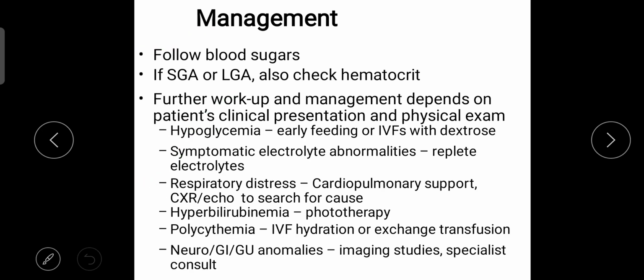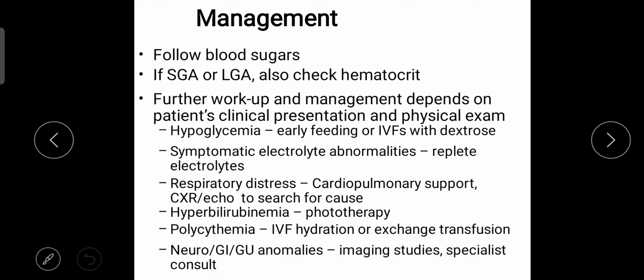So the management for the baby of a diabetic mother: follow blood sugar, the first important thing. Next, if it is SGA or LGA, also check hematocrit value. Further workup and management depend on the patient's clinical presentation and physical examination. If it is hypoglycemia, early feeding or IV fluid with dextrose.